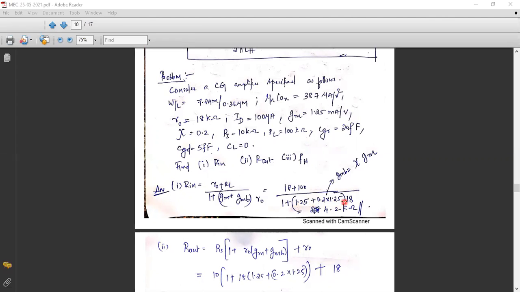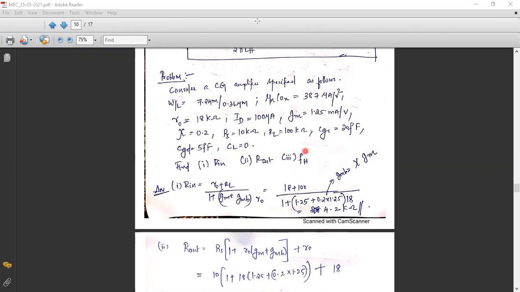Don't go as such. First go for the product, then add with 1.25, then multiply it with 18, then add with 1. Be careful, because if you make one mistake in Rn, then everything will be an error: tau GS, tau GD, because everything is in terms of Rn and Rout. So be careful while entering the values.